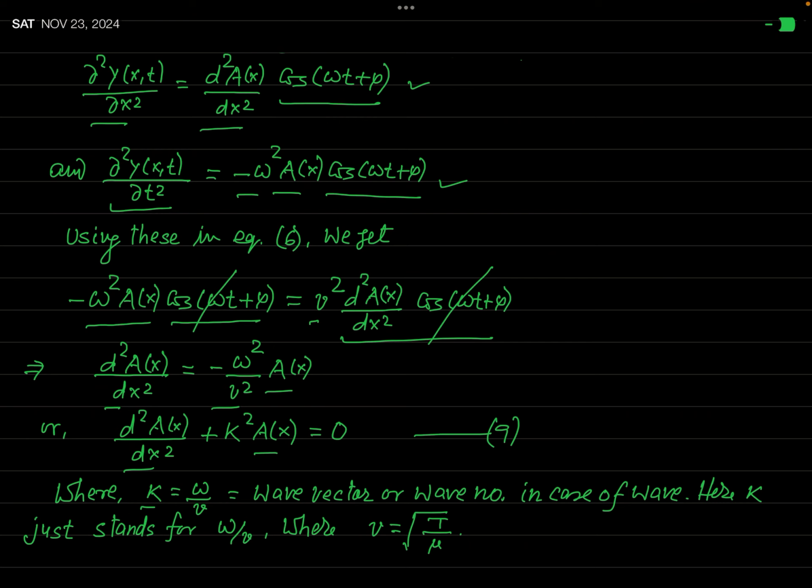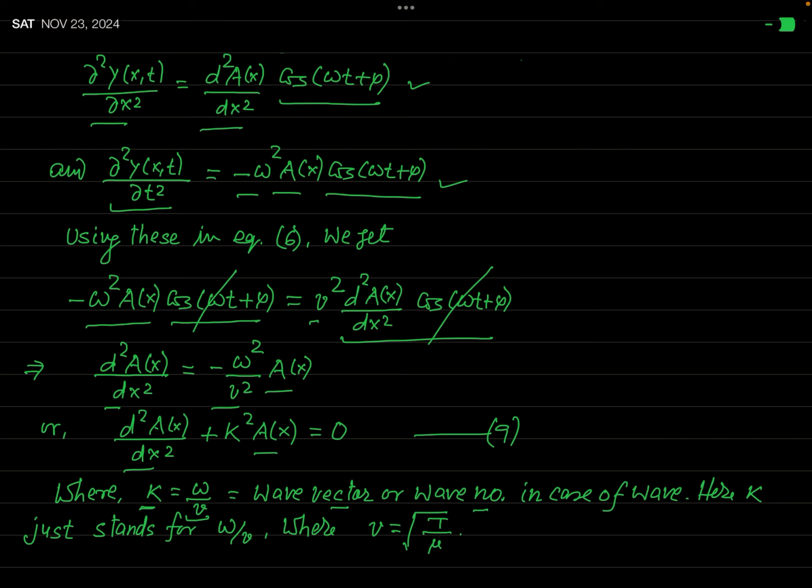Actually, the parameter k will be identified as the wave number or wave vector of a wave when we discuss the wave theory. You will see that this omega over v, represented by the symbol k, is a well-known characteristic of a wave, called wave vector or wave number. But as I have told you earlier, the aim of the present lecture is not to deal with the problem of wave.